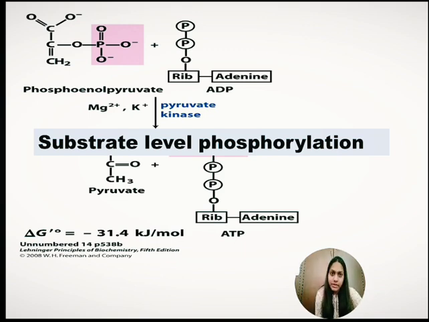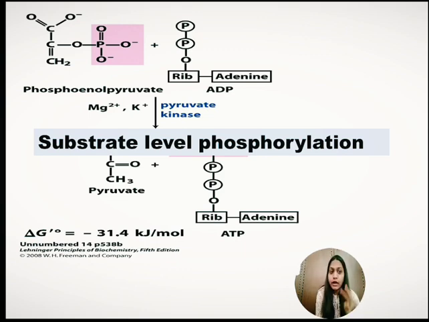pyruvate. What happens here? Phosphoenol pyruvate donates its phosphoryl group to ADP, again generating ATP with the help of the enzyme pyruvate kinase. Pyruvate kinase converts phosphoenol pyruvate to pyruvate by donating the phosphoryl group to ADP, generating ATP. So this is the last and final substrate level phosphorylation step of glycolysis.